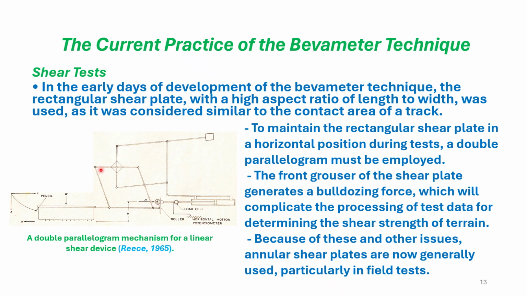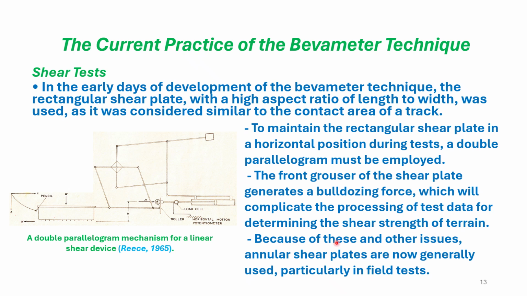and here. The front grouser of the shear plate, shown here, generates a bulldozing force which will complicate the processing of the test data for determining the shear strength of terrain.